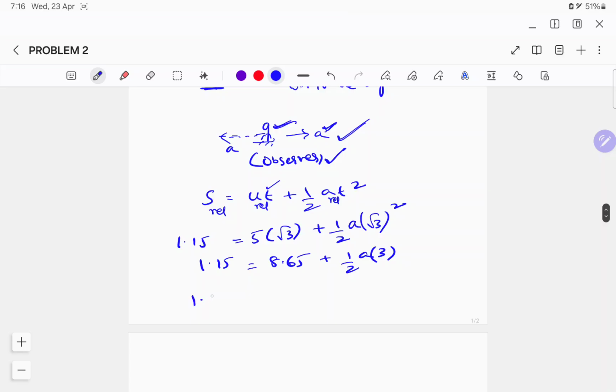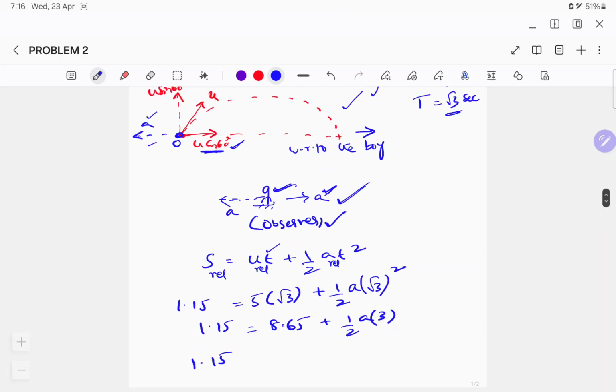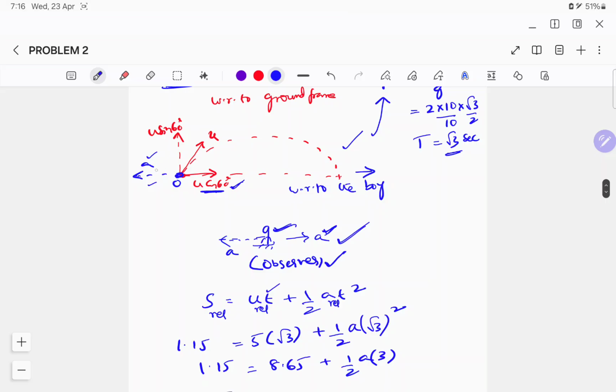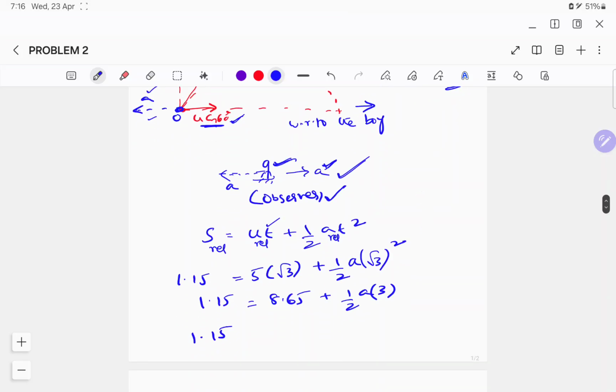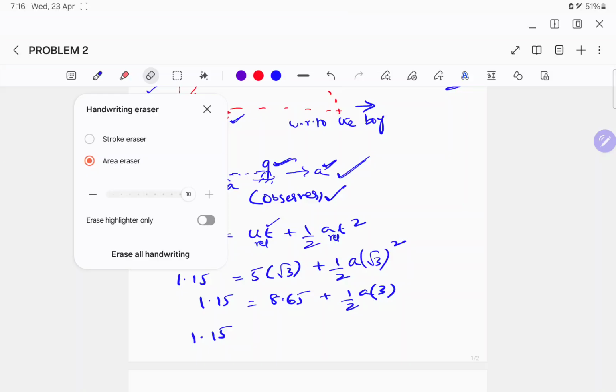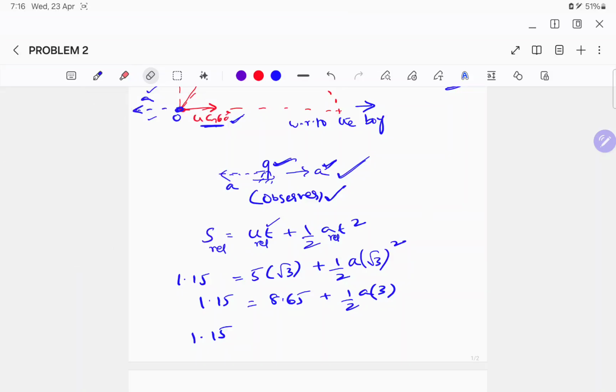Now, 1.15, and as the acceleration of the projectile is along the minus direction, opposite to the velocity vector, it is actually under retardation, so one has to be clear with the symbol. This will become minus here, and it will be minus.